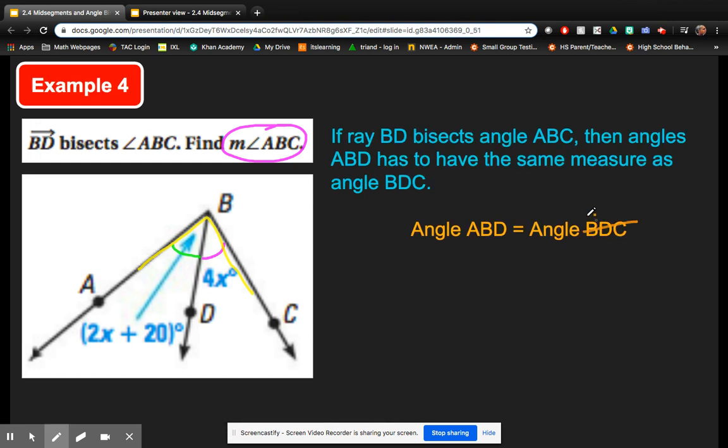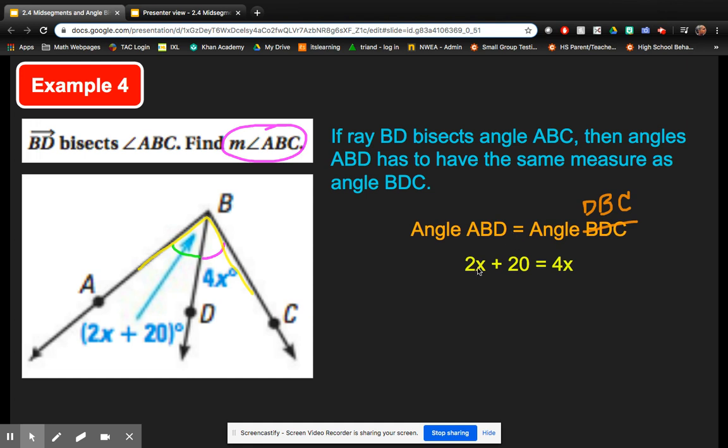I wrote these in the wrong order, this should be D, B, C. So that tells me that 2x plus 20 has to be equal to 4x because of this being a bisector. If it cuts it exactly in half, then they have to be equal to each other.